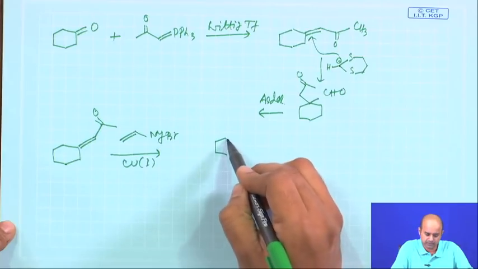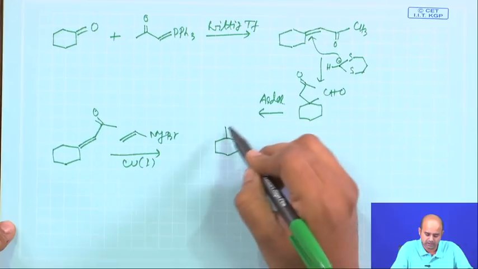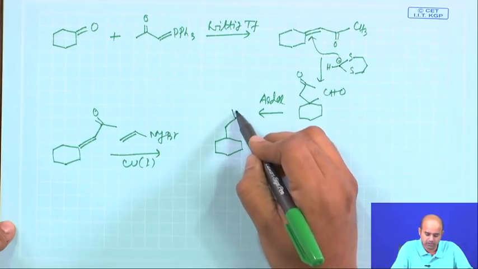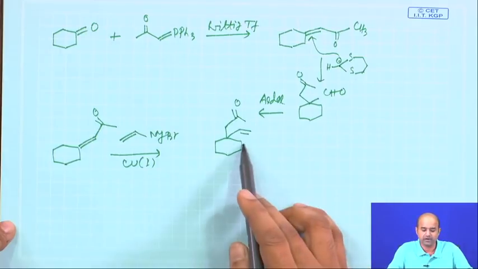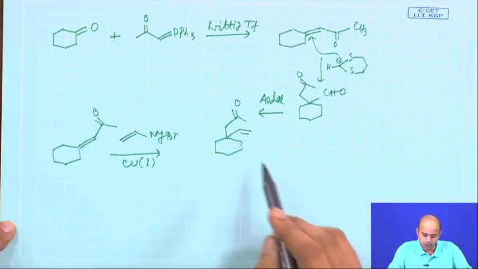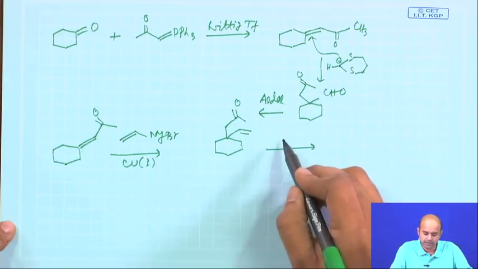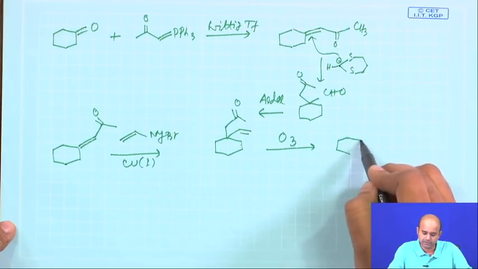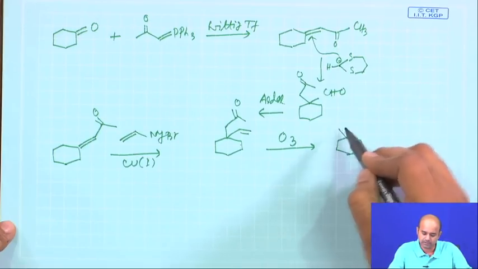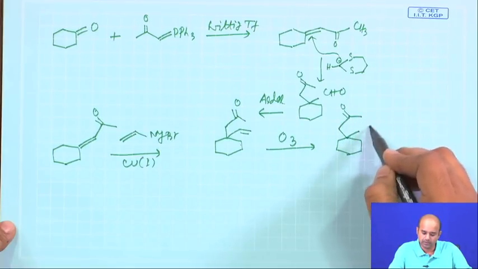You see this compound undergoing this particular reaction will give you a vinyl group here. Now, what you need to do is convert this vinyl to aldehyde, which we already discussed, you can do by ozonolysis or any oxidative cleavage. So, then you will have the aldehyde.